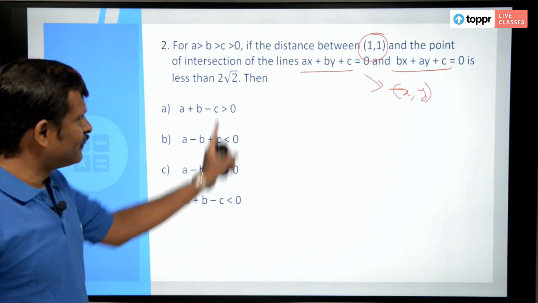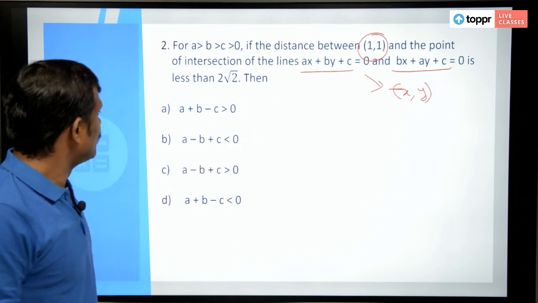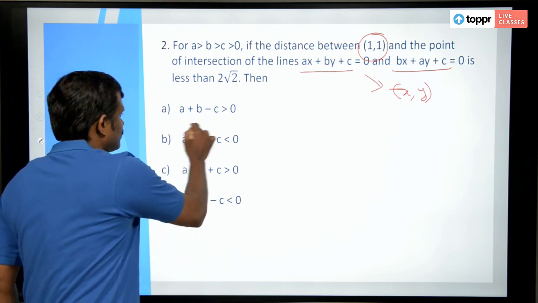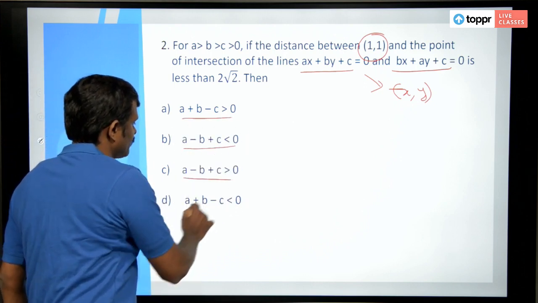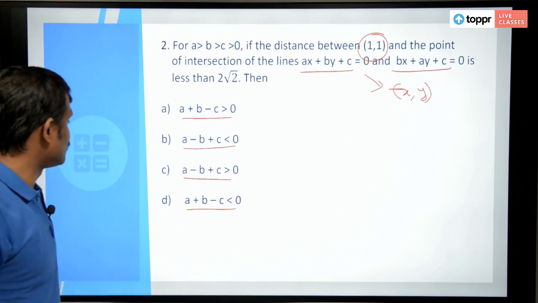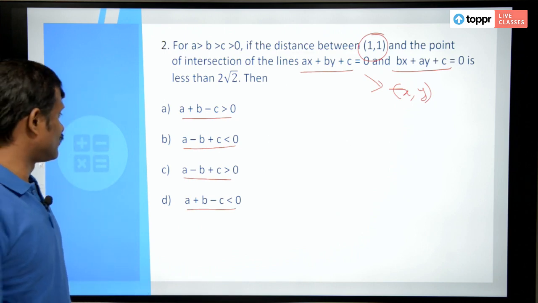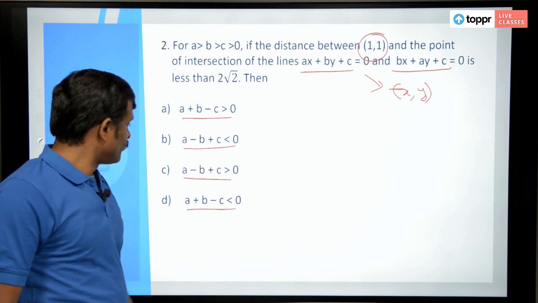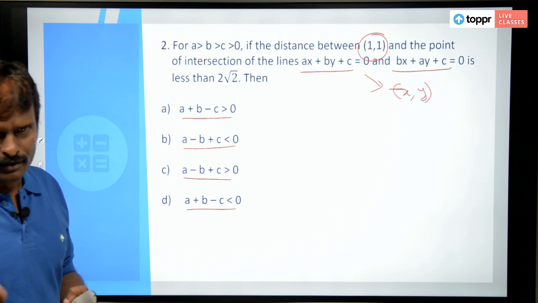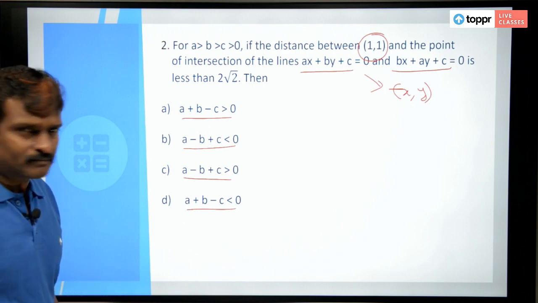If so, which condition will be true? Is it A plus B minus C greater than 0, or A minus B plus C less than 0, A minus B plus C greater than 0, or A plus B minus C less than 0? Which of these conditions hold good is what he is asking, right.